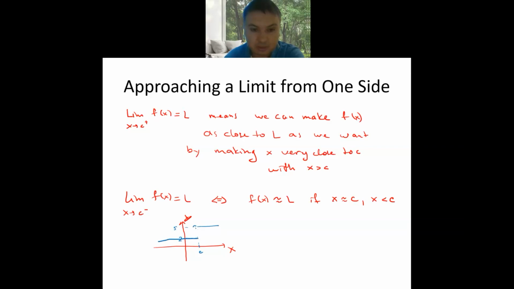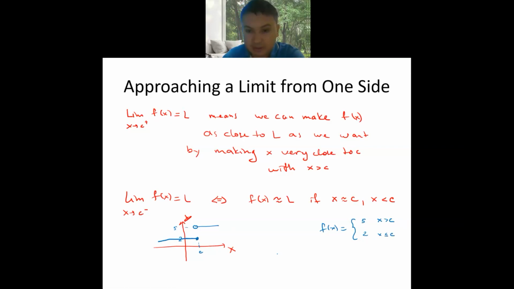The function looks something like this. So this is a step function, right? If you want, you can also define it in the following form. It's either 5 or 2. It's 5 if x is bigger than some point c, and 2 if it's less than c. So c is some value.